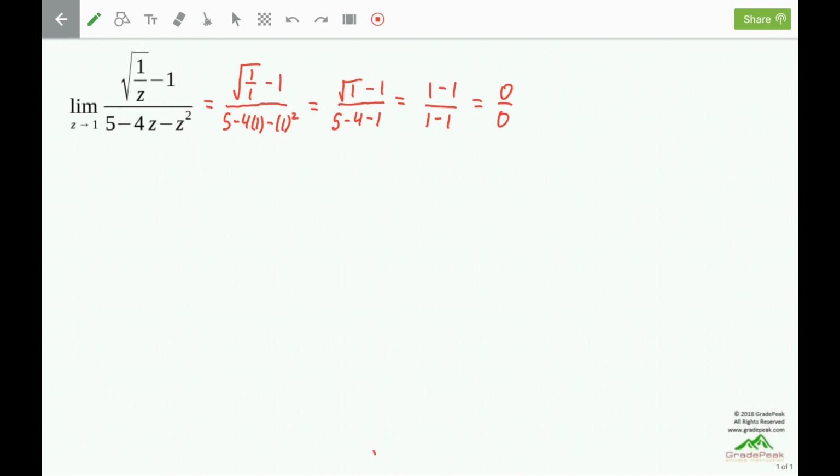Since we have a root combination, a root involving the variable z added or subtracted together with at least one other term, that's happening in the numerator. We can try the root conjugate method. So I'm going to rewrite the limit exactly as we see it.